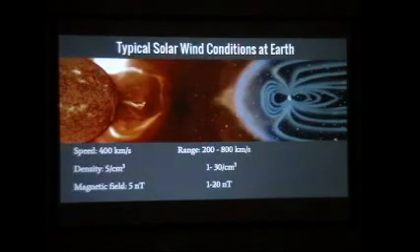So those are the average numbers, but the range in speeds is between 200 and 800 kilometers a second. The range in densities is between 1 and 30, and something like 30 is going to be due to one of the special structures that I'll talk about later. And the magnetic field also varies between about 1 and 20 in magnitude. That will vary also in terms of direction.